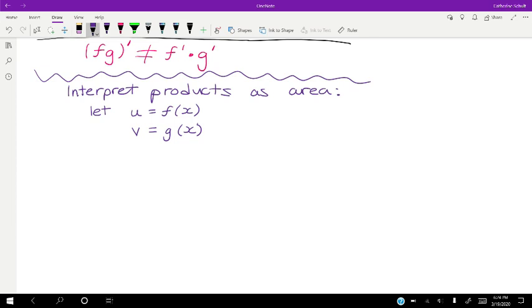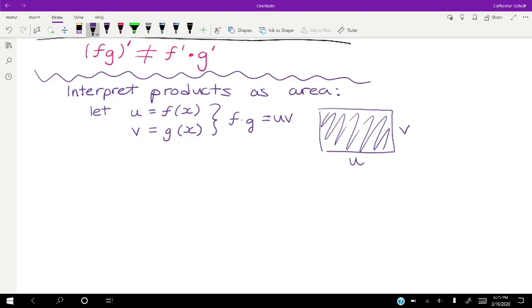Then f times g is the same as u times v, on some sort of rectangle, and the area inside would be u times v. So if we're going to take the derivative of f times g, that means we're going to take the derivative of uv, the derivative of the area.